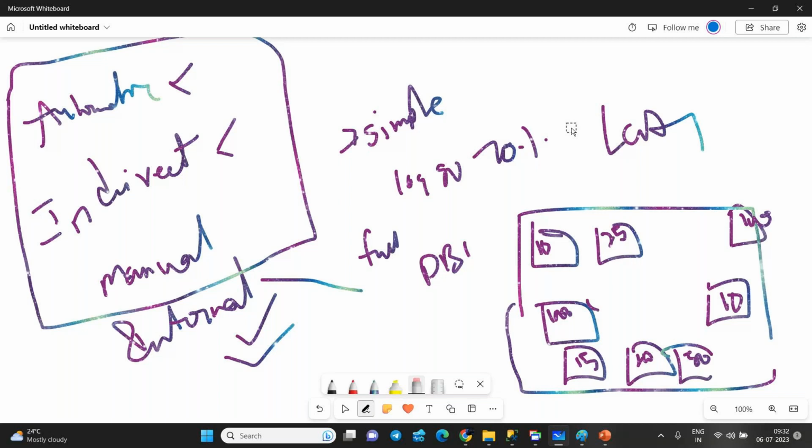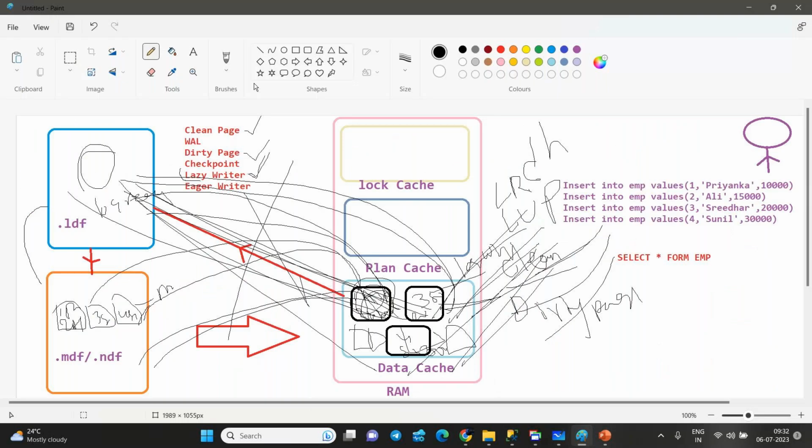Yes, sir. Now, finally, the last option, eager writer. What do we mean by eager writer? Eager writer comes into play when you are performing bulk operations. Try to understand the logic. When I am trying to insert 1 billion records, 2 billion records, 3 billion records, whenever you are performing a bulk load into the database, what's happening?